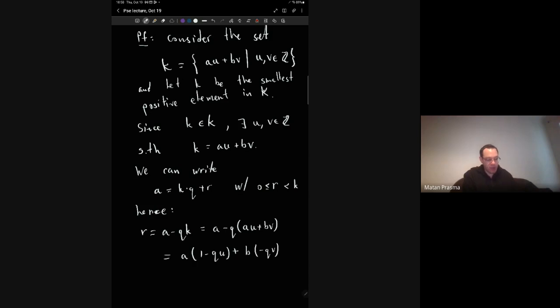So I get that R is also an element in K. But R is strictly smaller than k, and k is the minimal positive element in this set capital K. So I get that R is equal to 0. That's the only non-contradictory way.